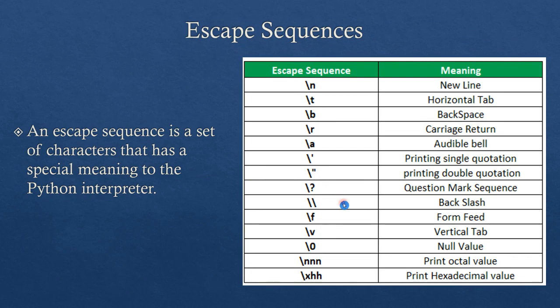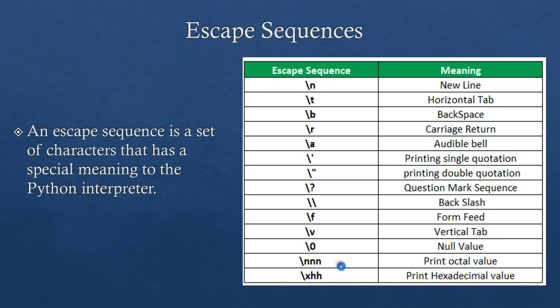Double backslash will give only one backslash. \f form feed. \v vertical tab. \0 null value. \ooo for printing octal values, and \xhh is to print a hexadecimal value hh.